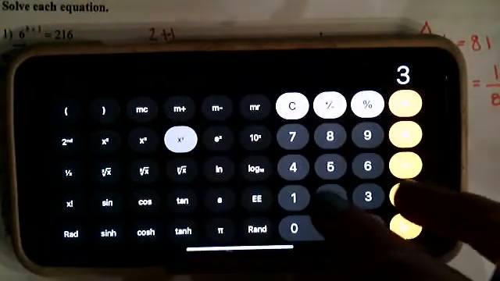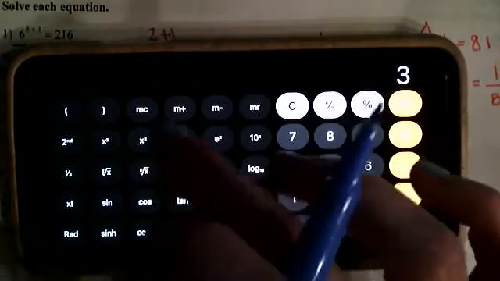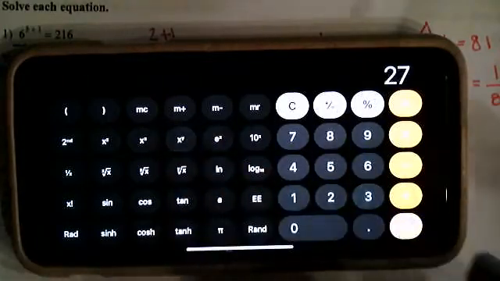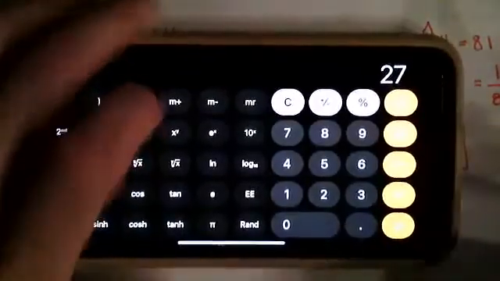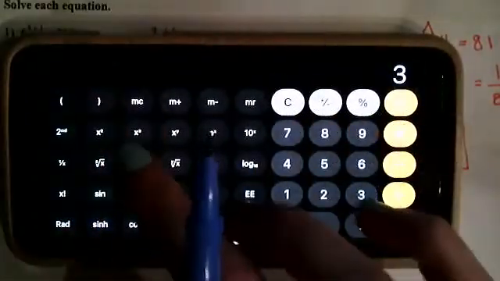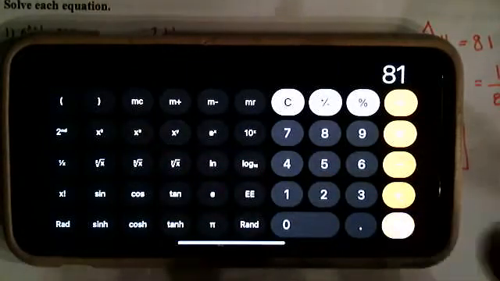Raised to the second, we see that's 9. And if we raise 3 to the third, we have 27. So that's kind of good to know. And if we raise 3 to the fourth, we get 81.